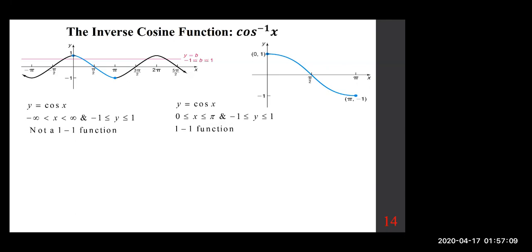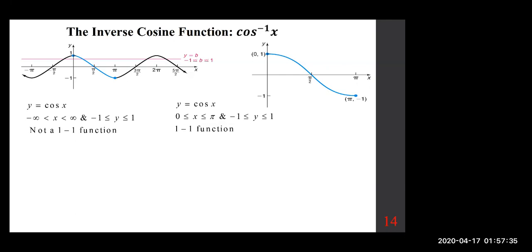The way we do the restriction on sine is different than cosine. Sine goes from negative pi over 2 to pi over 2. Cosine goes from 0 to pi. In fact, all the functions we have studied follow either sine or cosine.